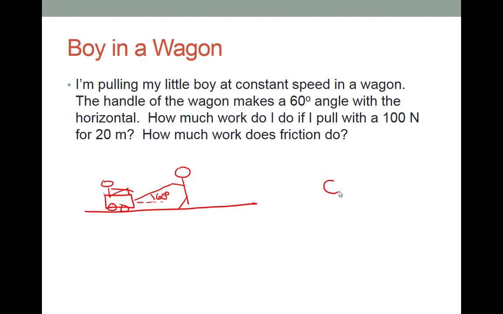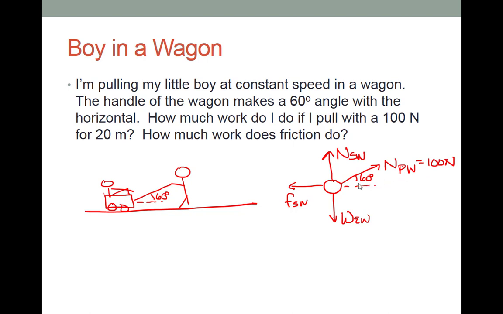Okay, well, again, starting with the free body diagram, we have a normal from the surface on the wagon. We have the wagon's weight. We have friction opposing the wagon's motion. And then we have a normal from me, we'll go with person on wagon again, that makes a 60-degree angle, and this is the one that you are told is 100 newtons.